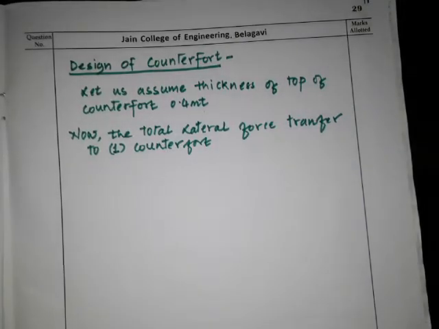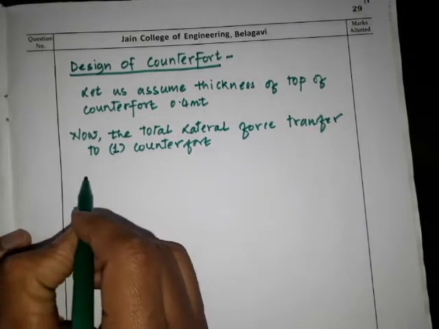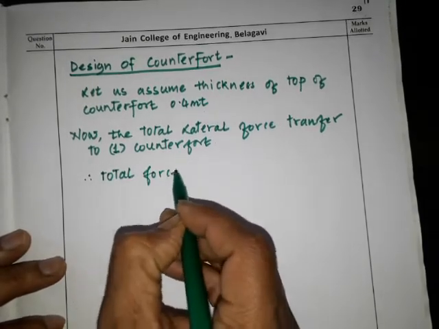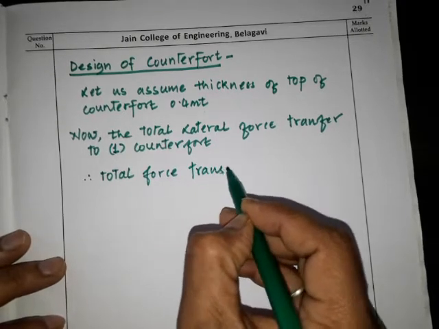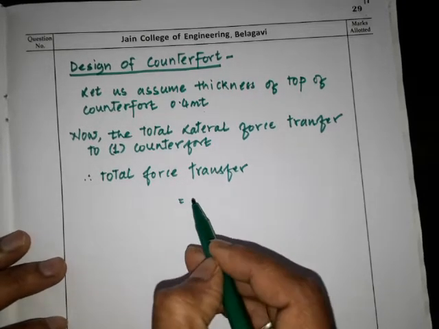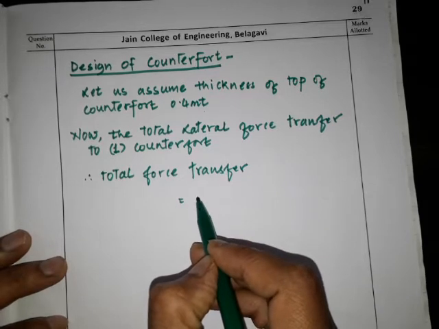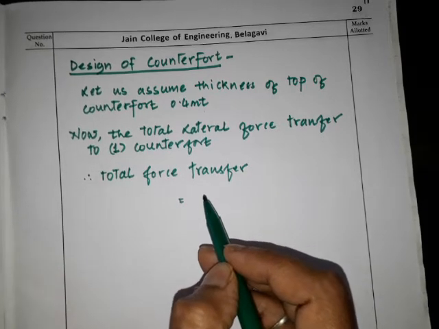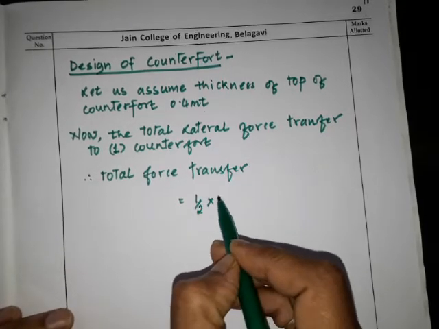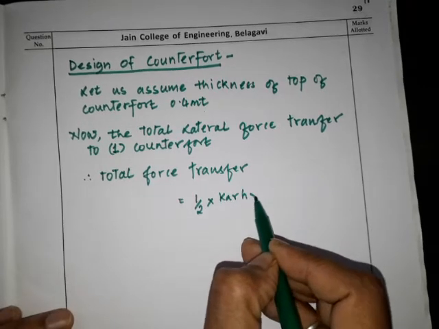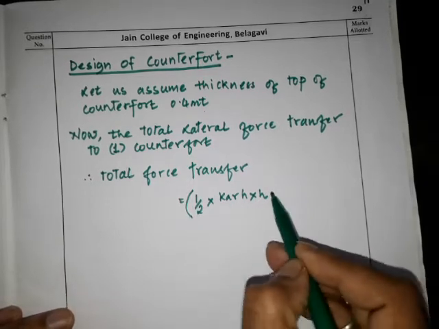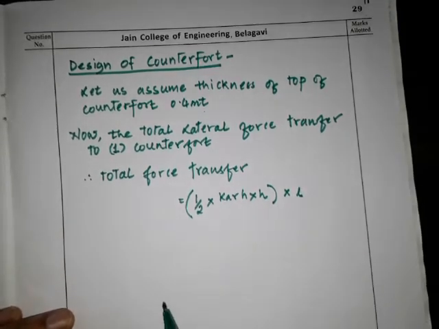Therefore the total force transferred is again the lateral earth pressure, that is half K gamma H into H, into L. I'll explain that.